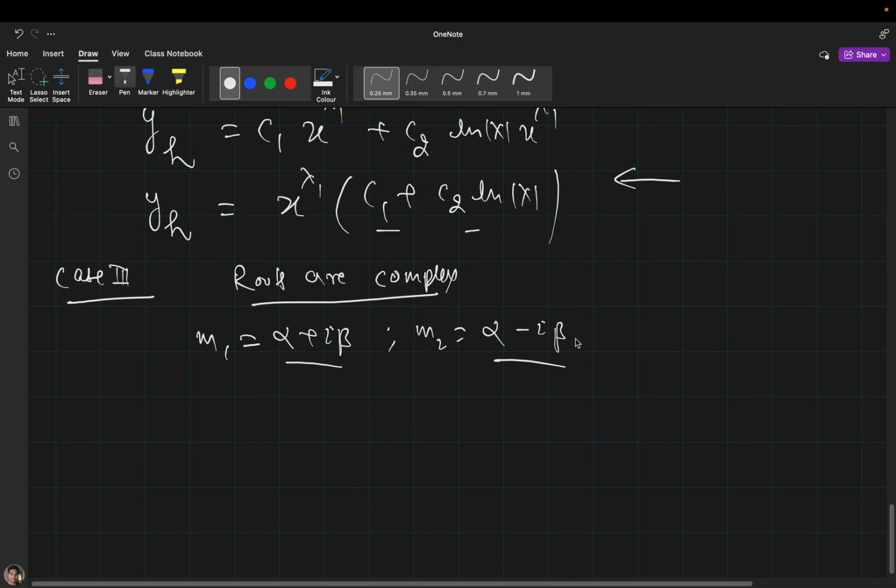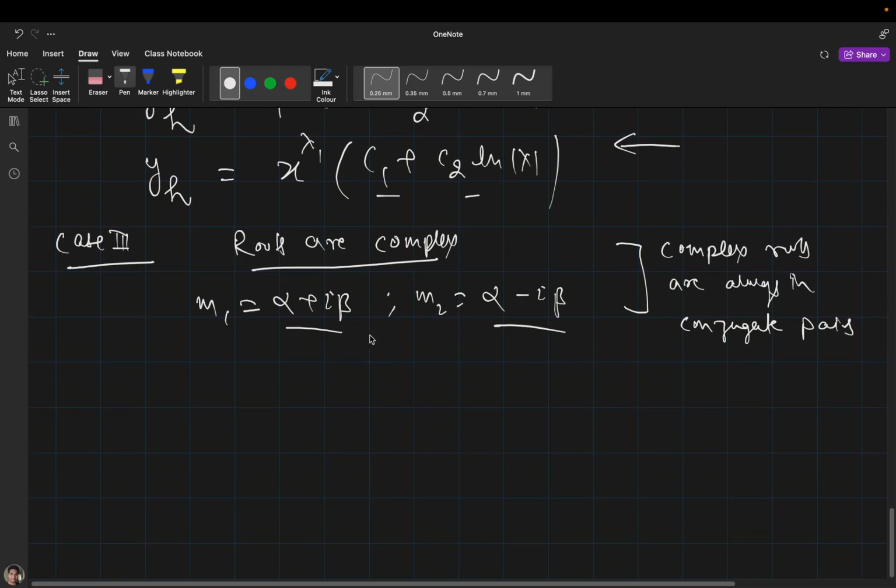Complex roots are always in conjugate pairs. You know that? Yes, in conjugate pairs. That's why when you find the roots, you will get something like this.